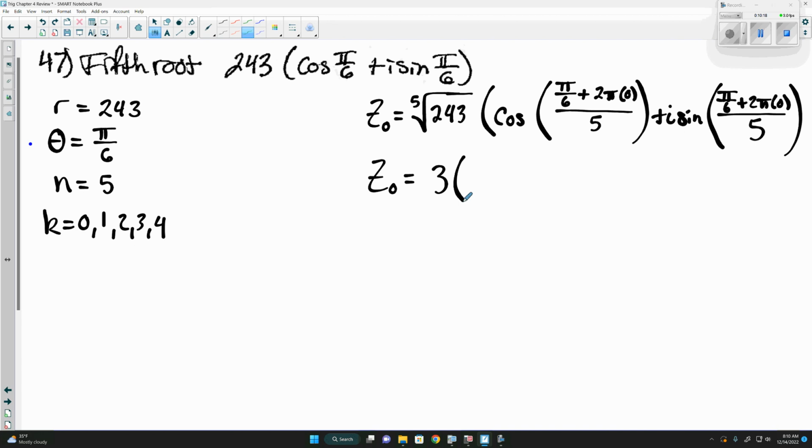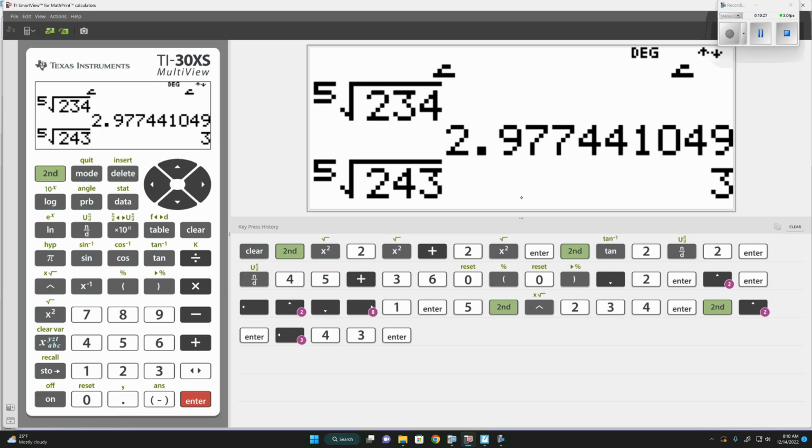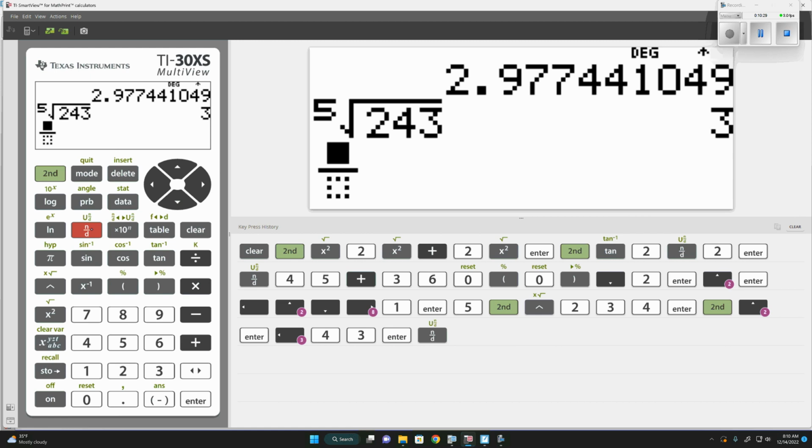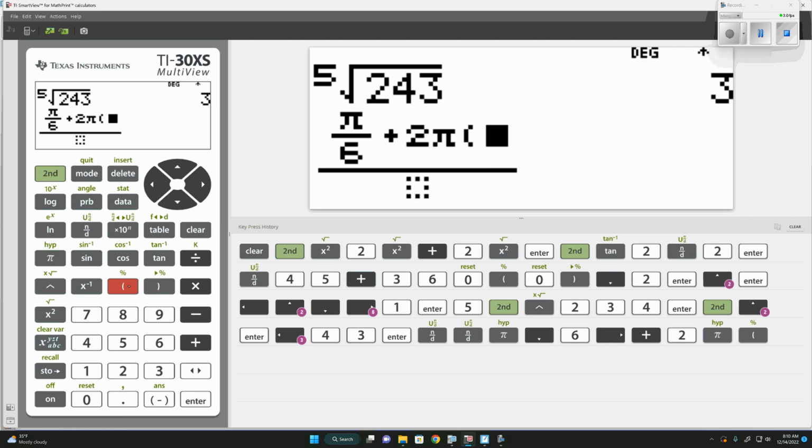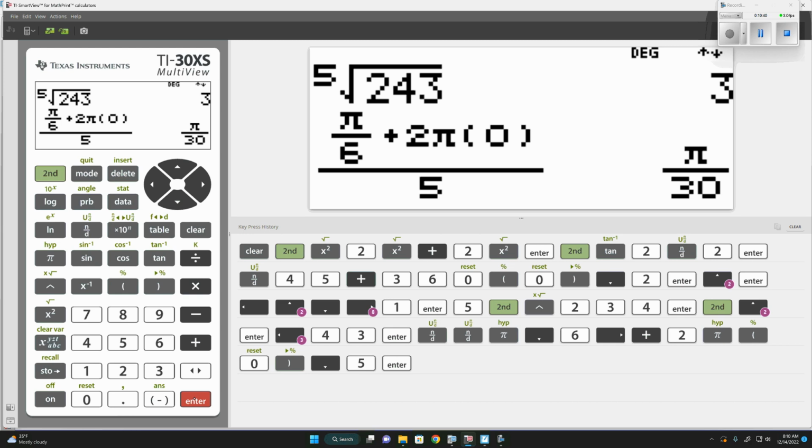Now, inside the parentheses, pi over 6 plus 2 pi times 0 over 5 is pi over 30.